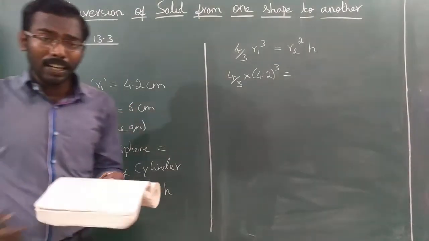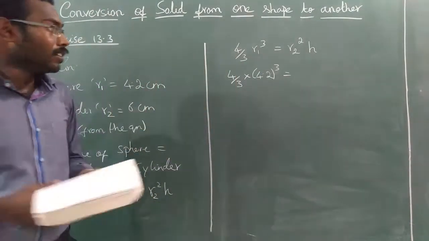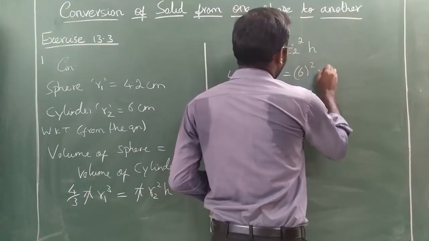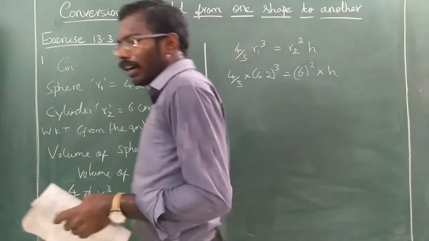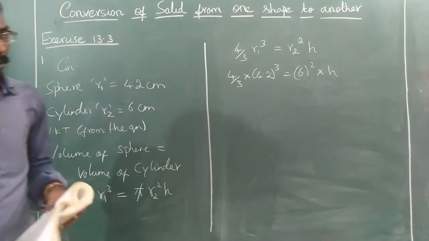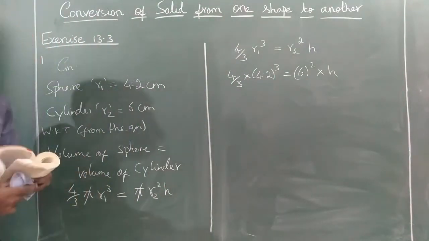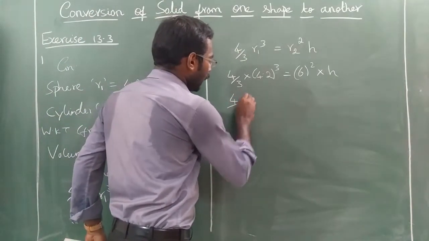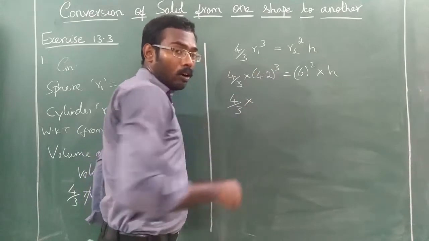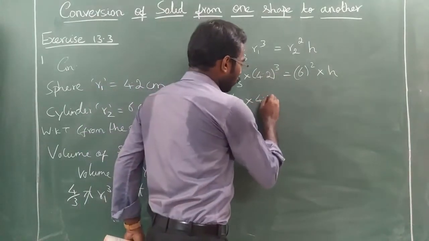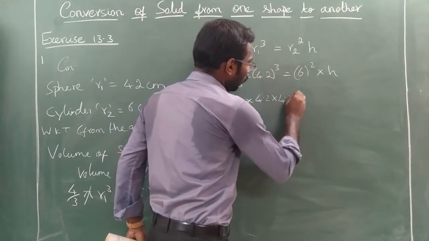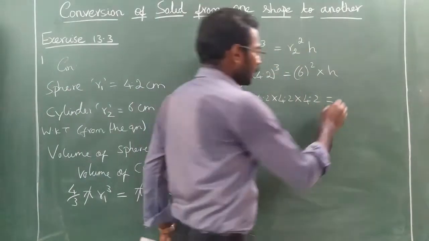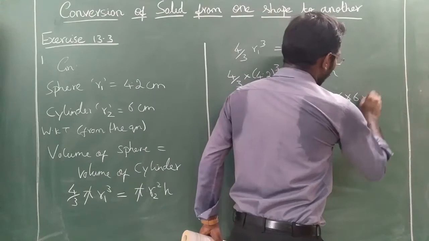Are you all following me? This is very easy. So 6 square into h. We want h only, so let us keep h on one side and bring all the other terms to the other side. So 4 by 3 into 4.2 the whole cube, that is 4.2 into 4.2 into 4.2, is equal to 6 square, that is 6 into 6, into h.